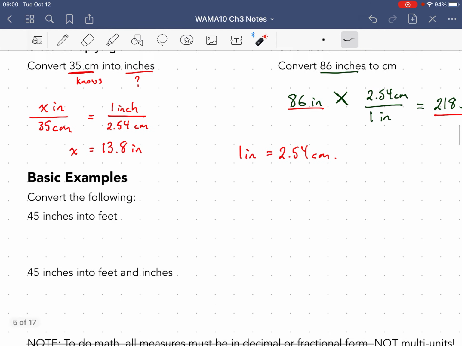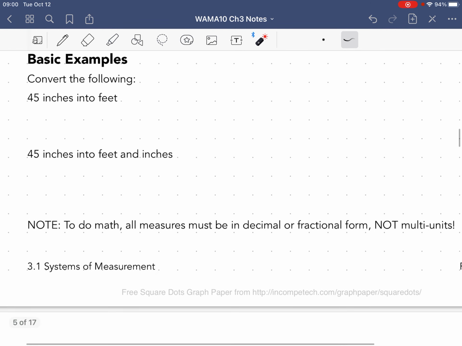All right, convert the following. So 45 inches into feet, I'm going to do cross multiplying here. 45 inches into feet. So I write down how many feet are there in 45 inches.